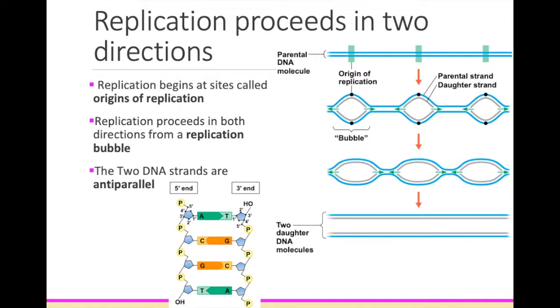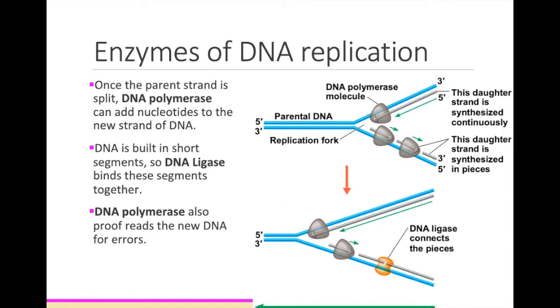Over here, we have the 3' end, and that's the one with this hydroxyl group, no phosphate. And then over here, we have the 3' end again. That's got the hydroxyl group with no phosphate. So these two DNA strands run in opposite directions. This one runs 5' to 3' going down, and this one runs 5' to 3' going up. So this is what gives our DNA this anti-parallel structure.